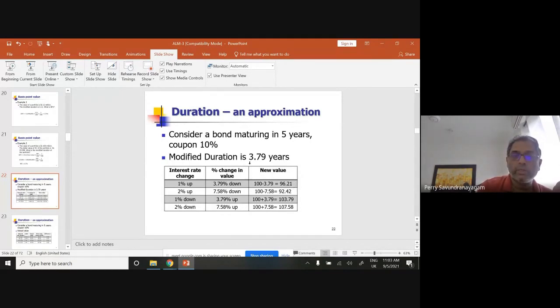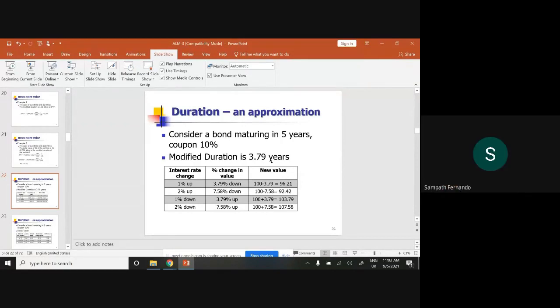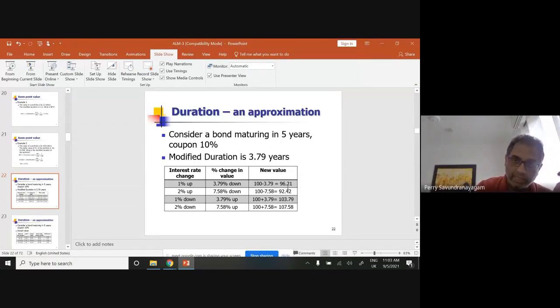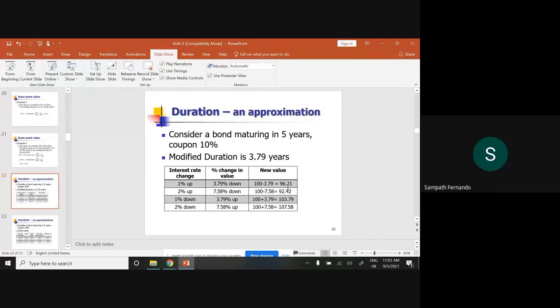Here, the modified duration, because of the coupons and all this other stuff that is in the bond, is 3.75 years. Correct? Yes, sir. So it actually goes down to 96.